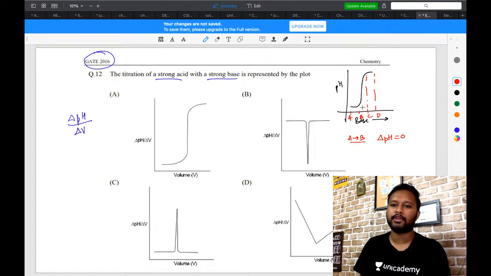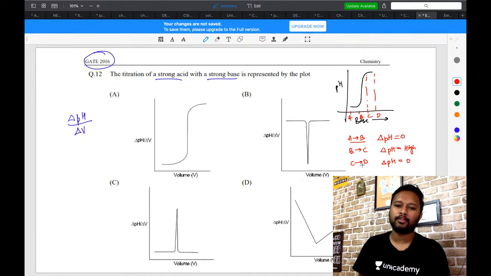There is no change in pH, you can see. From B to C, your delta pH has increased. The change in pH is quite large. The pH was low and then it became very high. From C to D again, your delta pH will be 0 because there is no change in pH.